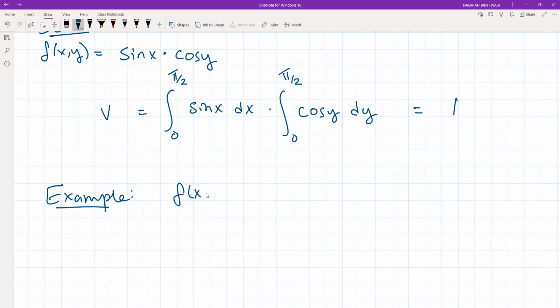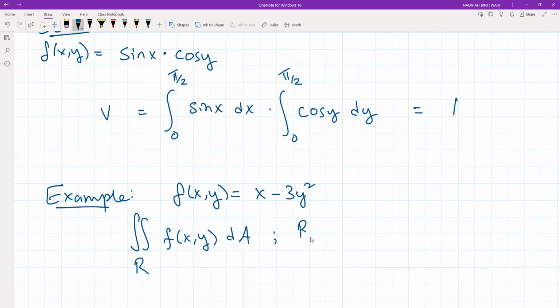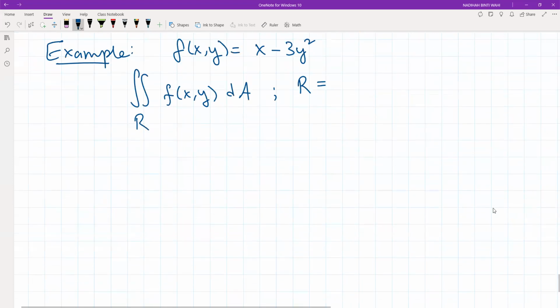Fxy equals to x minus 3y squared. And then I want to evaluate the fxy where r is in x from 0 to 2, in y region 1 to 2.